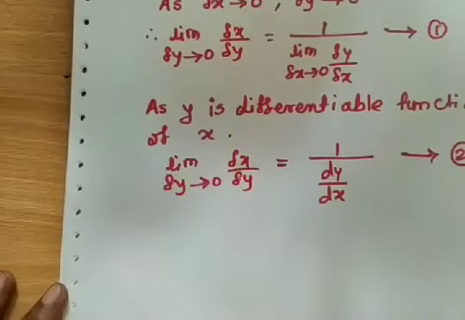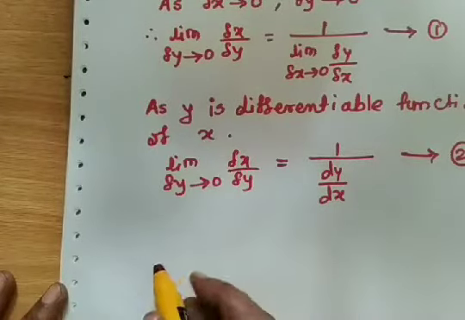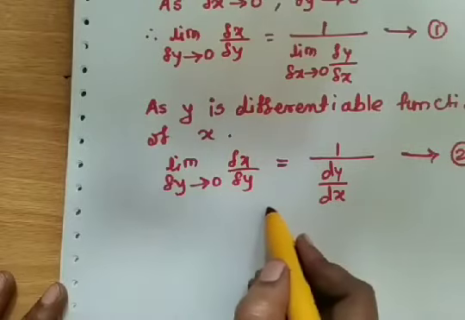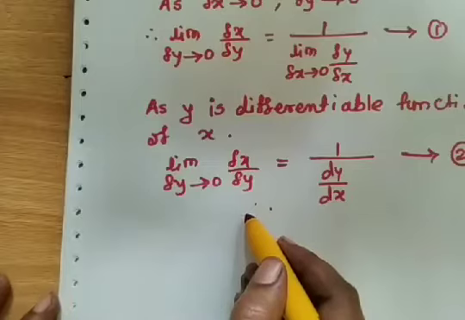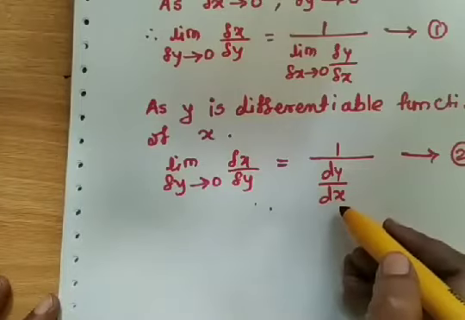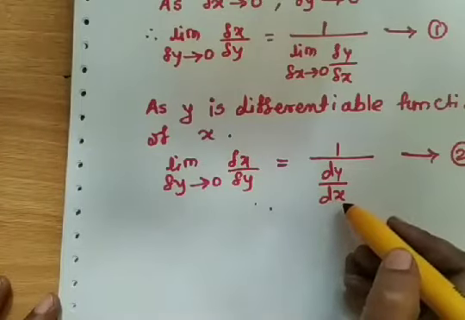Let us see. It becomes limit delta y tends to 0 of delta x upon delta y is equal to 1 upon dy by dx. Okay.